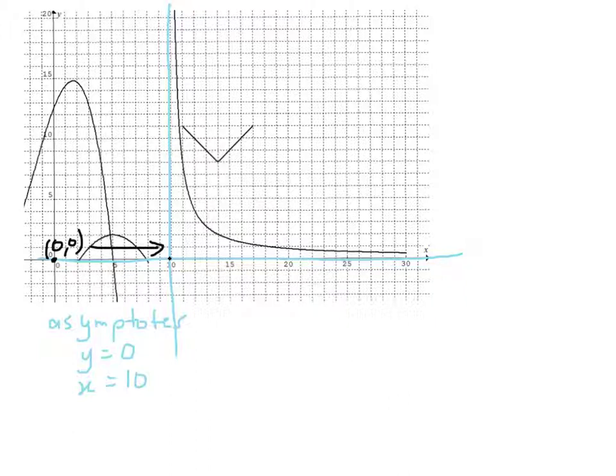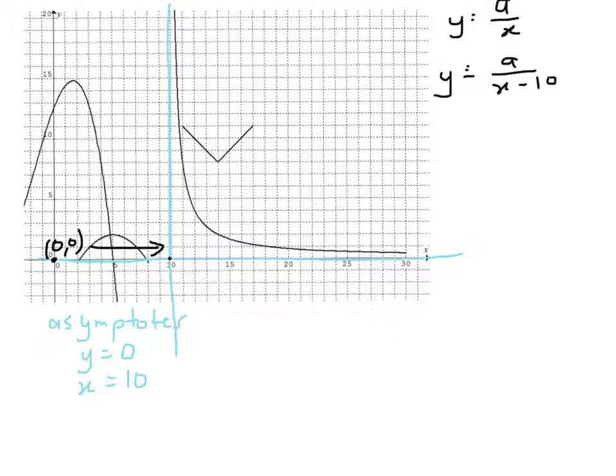They've moved over to here. So my general formula, the function for, we've got y equals a over x. Now we've moved to the right 10, so we're now y equals a over x minus 10.